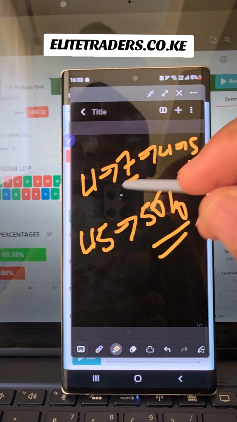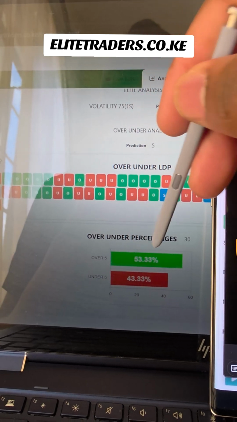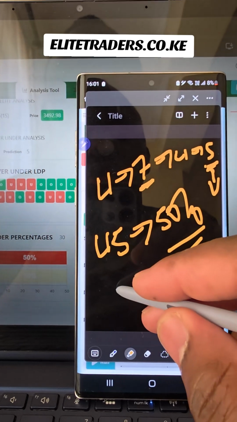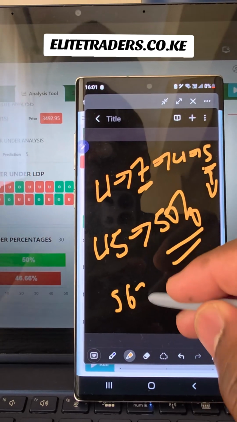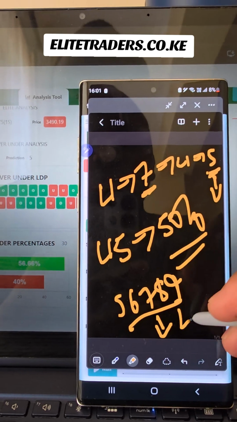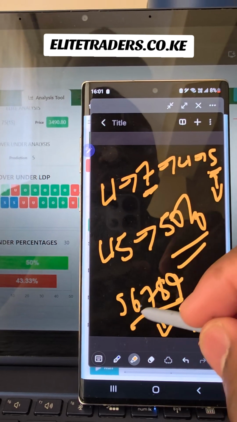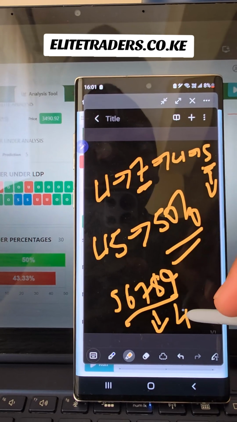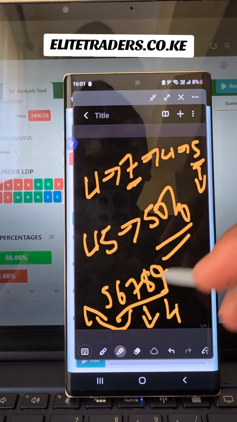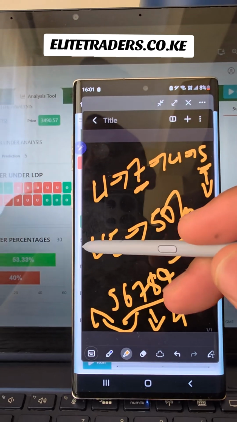That is on the percentage tool here. That's the first condition. Then we have digits 5, 6, 7, 8, 9. These are digits above 4. When 3 consecutive digits above 4 appear, the robot will execute a trade on under 5. That is our entry point, and that is what has been happening.